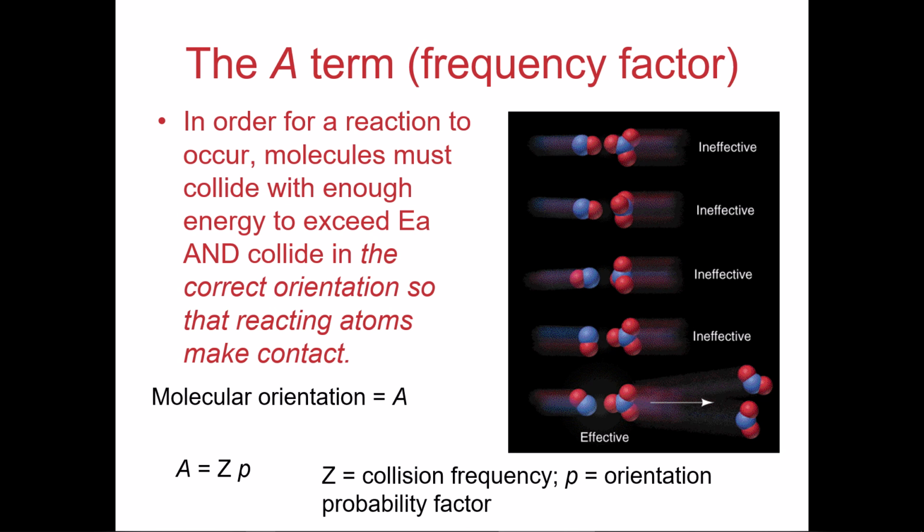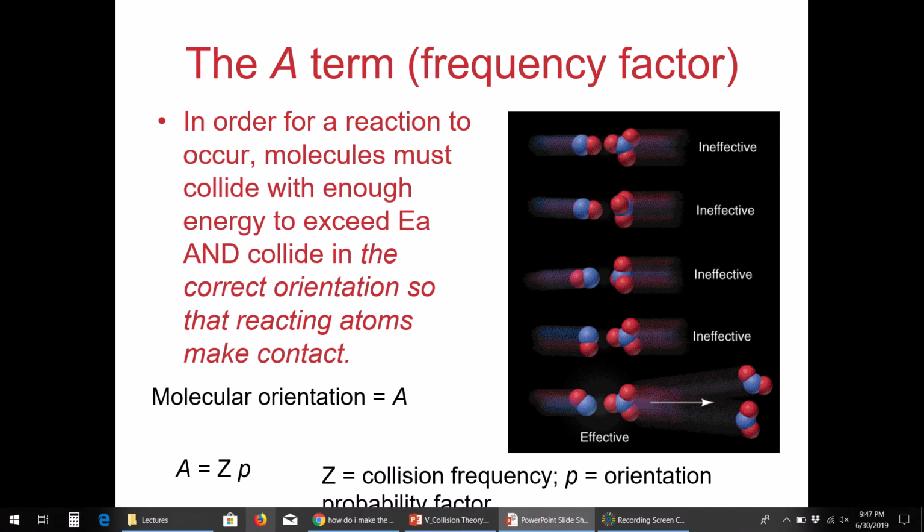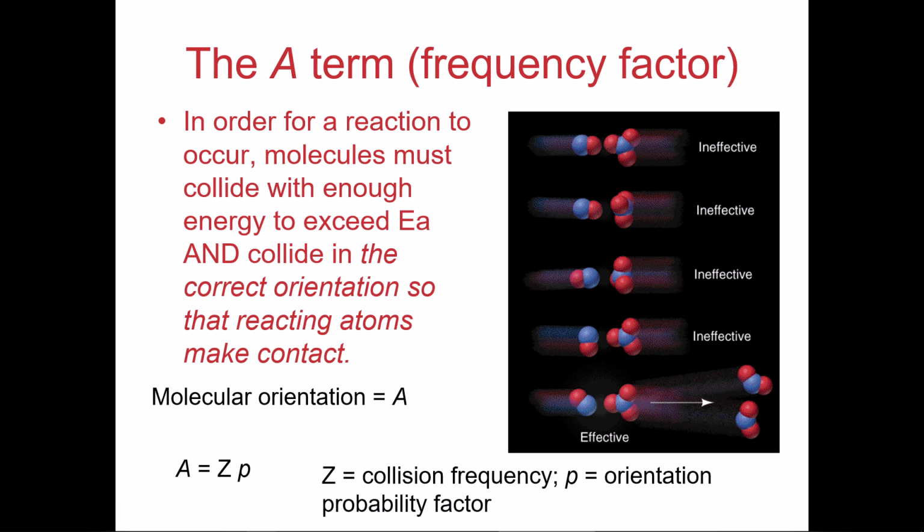Alright, so let's look at the A term, or the frequency factor. How is this determined? So the A term is made up of two factors, Z, which is your collision frequency, and P, which is your orientation probability factor. So Z represents how many total collisions you have, successful or not, and P represents the probability of a successful collision.